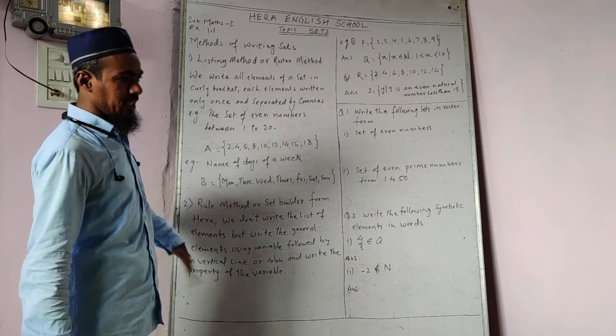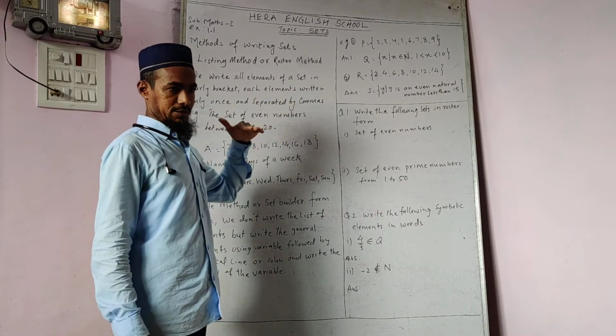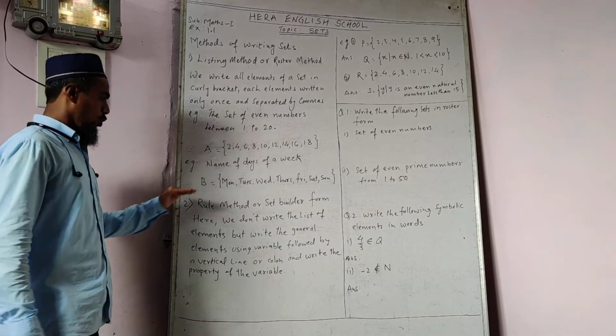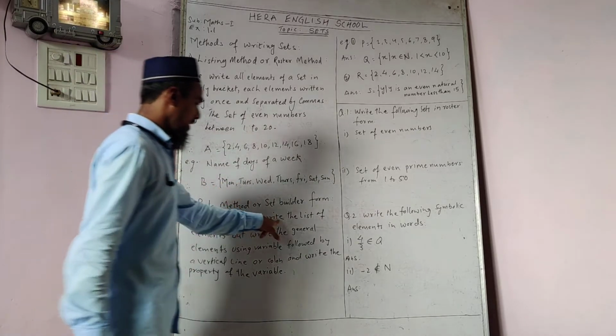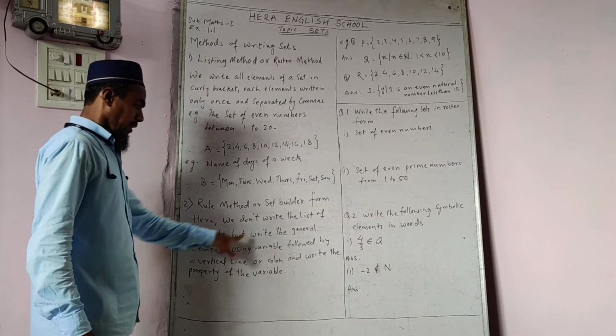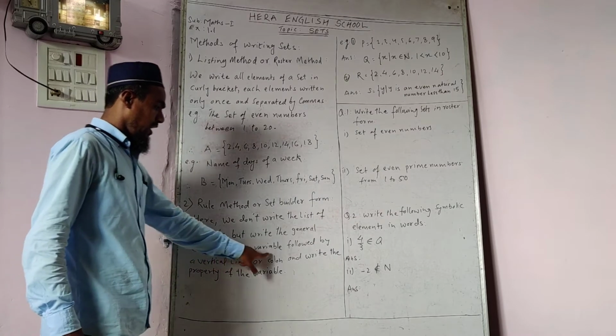In the first method we write the list of the numbers. But in method number 2, the rule method, we don't write the list of elements, but write the general element using a variable.